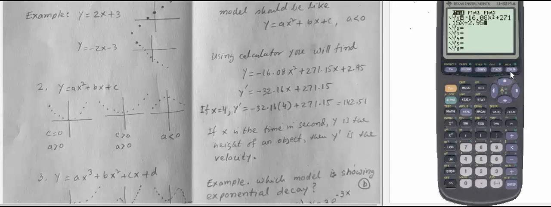And now graph it again. So you'll see it is passing through the points, and now see, it is a quadratic form, right?